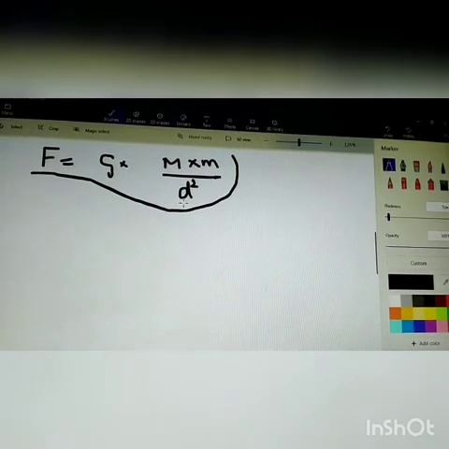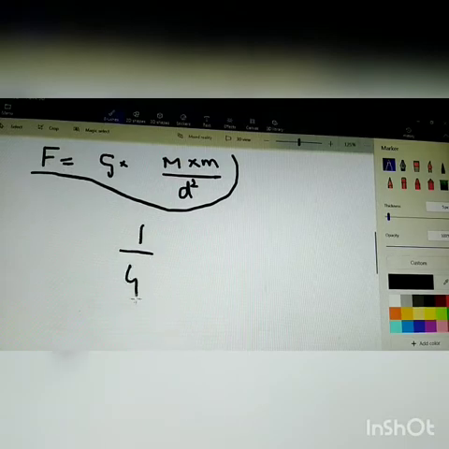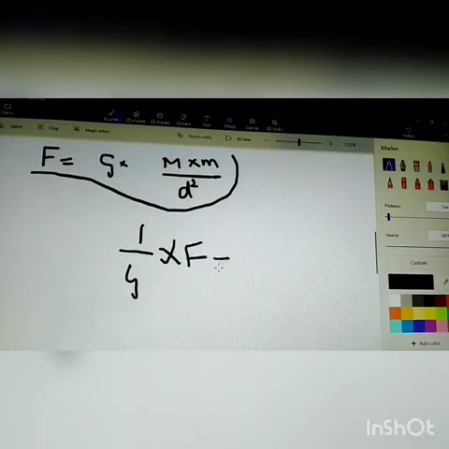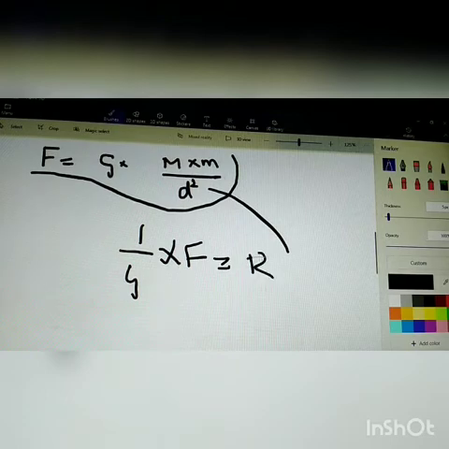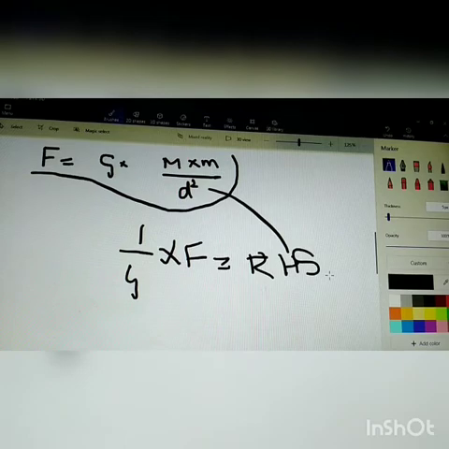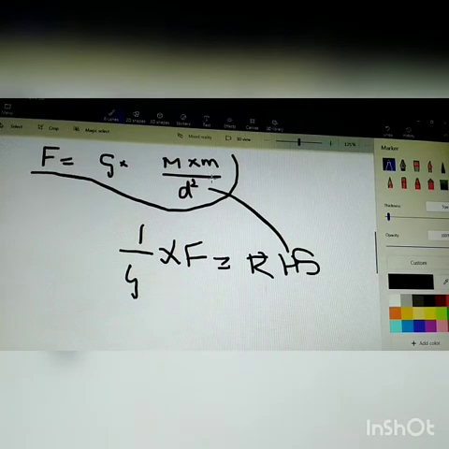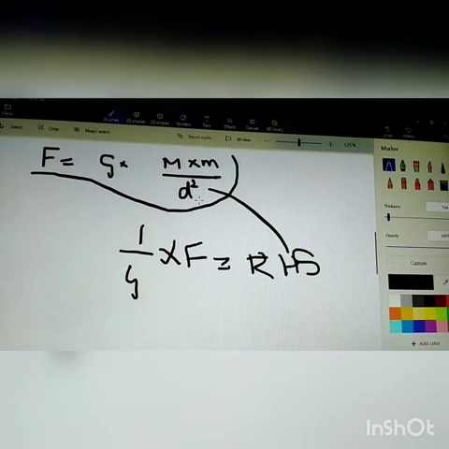Now, I'm going to take this gravity to this side, meaning that it will be 1 by gravity into force is equal to the right hand side, that is RHS. So now, we know that 1 by gravity into force is equal to RHS, that is the mass of two objects multiplied, divided by distance squared.